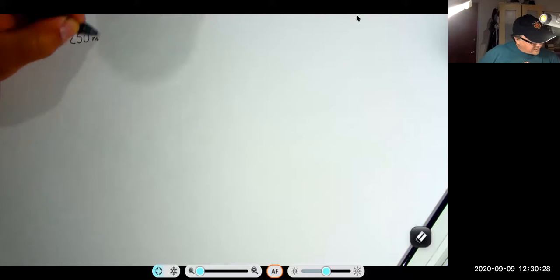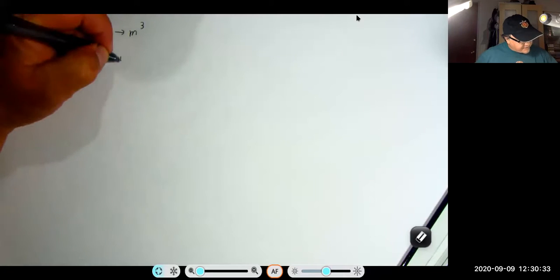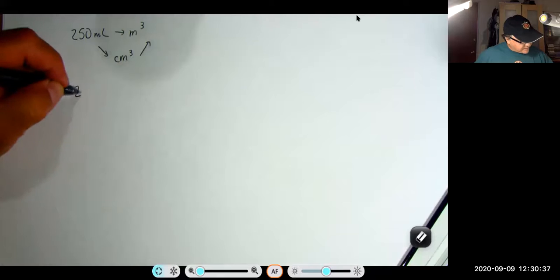We want to convert 250 milliliters to meters cubed. And the way we're going to do that is convert that to centimeters cubed, then to meters cubed. Here's how I would do it.